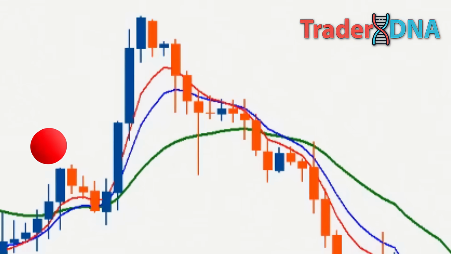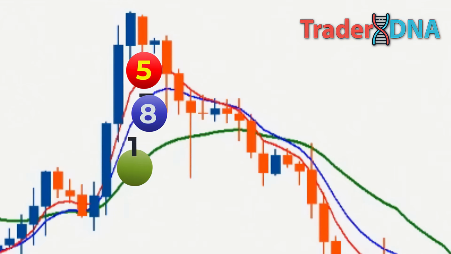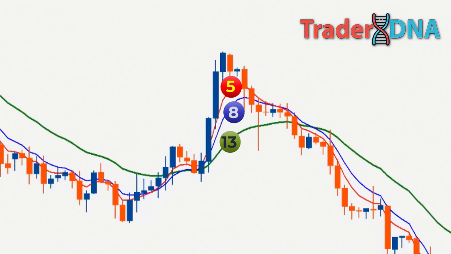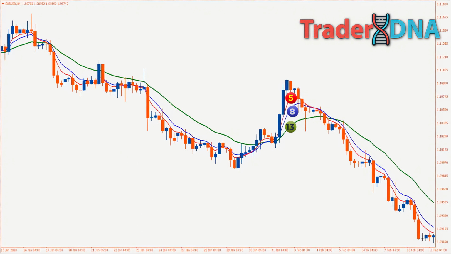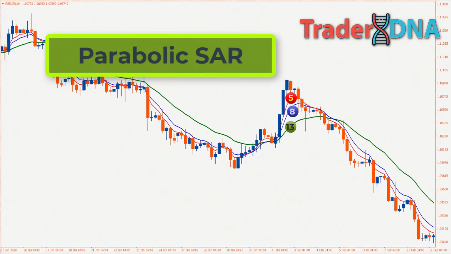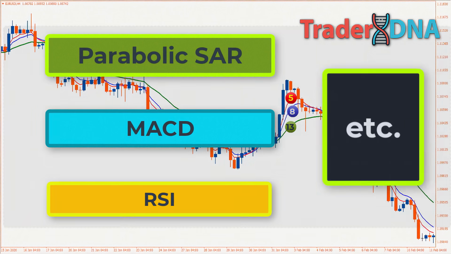The 3 different periods, 5, 8, and 13 EMA, will help you to identify trends at the beginning when they start to form. It works fine at any time frame chart of the financial assets. You can create a complete trading strategy by using these EMA signal lines. For more accuracy, you can combine these EMA signal lines with other technical indicators such as parabolic SAR, MACD, or RSI.